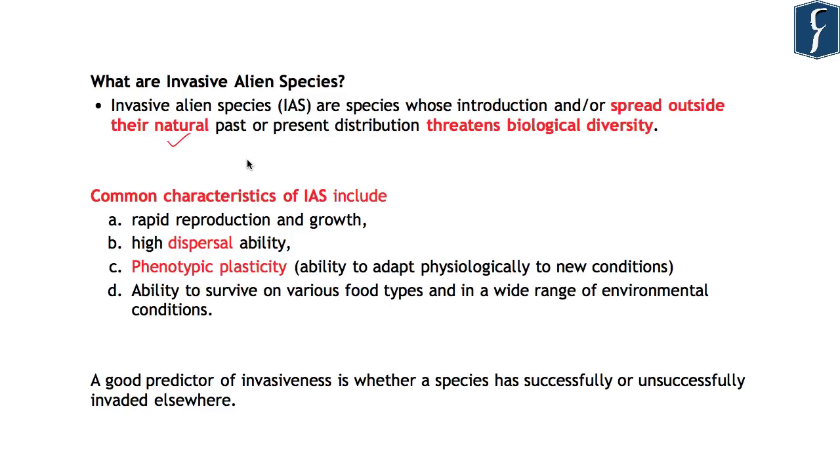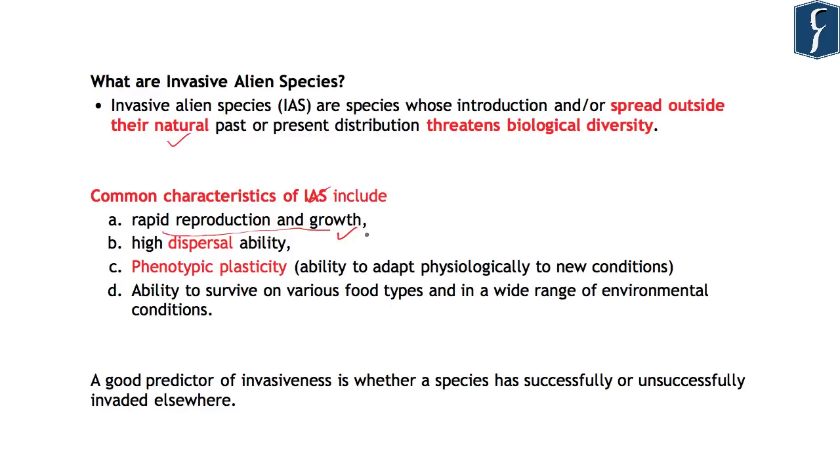Now, there are certain common characteristics of invasive alien species which enable them to grow rapidly outside their natural distribution. Now, the first is that they should have a rapid rate of reproduction and growth, which enables them to outcompete the local fauna and flora. The second is that they should have high dispersal ability.